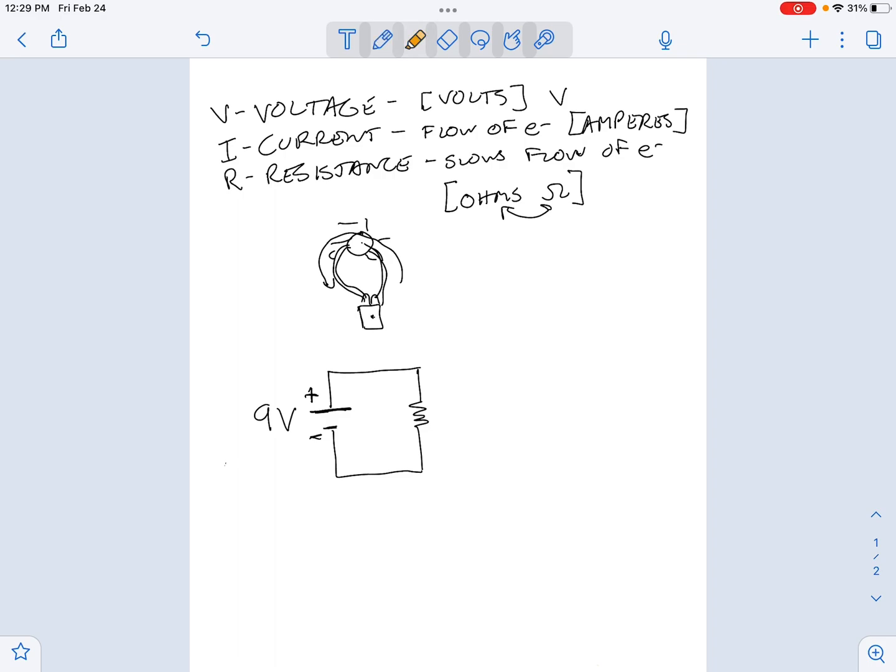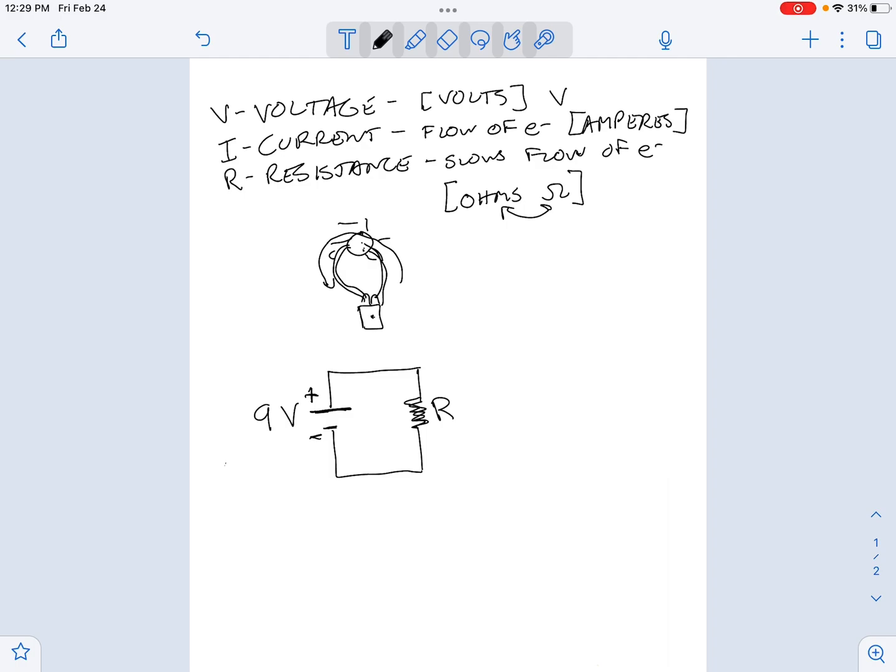And over here on the right side, we have this squiggly little line, and that's the symbol for a resistor. Resistors can come in different values. This light bulb provides resistance, so I'm using this squiggly line to signify that light bulb.